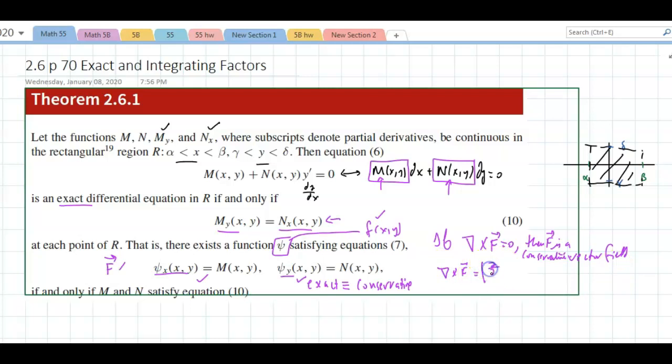Del is an operator, partial with respect to x, partial with respect to y. And here I'm going to put them in order. M first. M is with x, and N is with y. And if you do the partial, that's the partial of N with respect to x minus the partial with respect to y of M equaling 0.